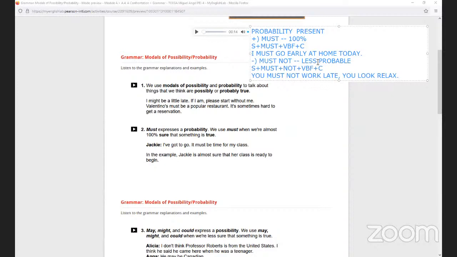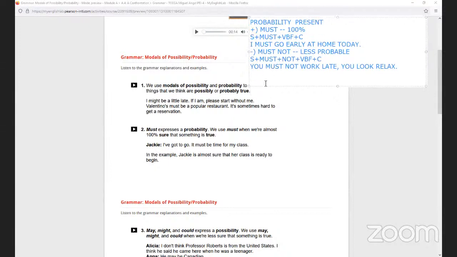So it is less probable, but we are not certain about this. When we talk about probabilities, we can only talk about these two, affirmative and negative. If we use an affirmative statement, something is 100% probable. And negative, with must not, it is less probable. We are not certain about something. We don't have questions with probabilities, only affirmatives and negatives. So that is only about probability.